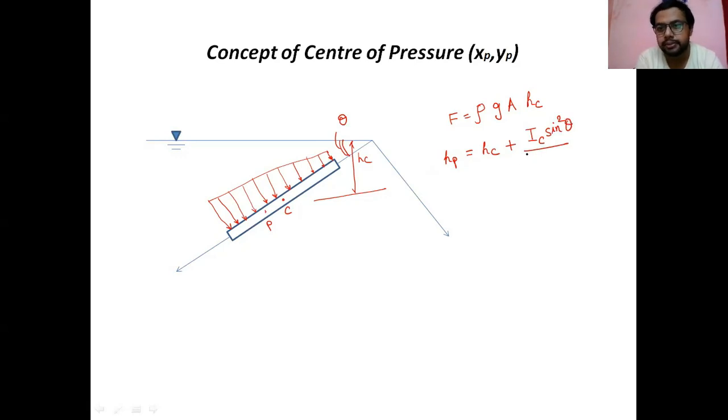The derivation we have already seen in the last class. Sine square theta over A HC. This is the formula you are getting here. These two are the important things: the force, and the location of the center of pressure from the free surface.